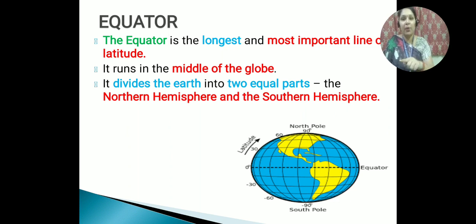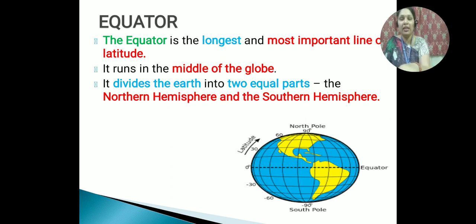The equator runs in the middle of the globe.